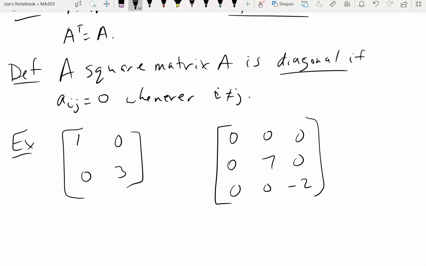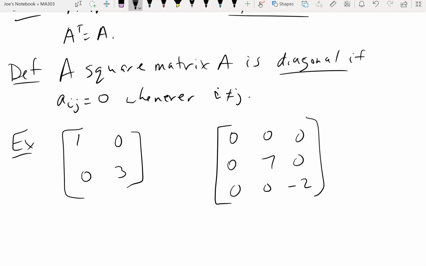Now, let's look at these two examples in particular and think about it in terms of invertibility. This is something we're going to come back to in the next chapter with determinants and invertibility. These matrices happen to be easy to do in terms of determinants. But let's think about it in terms of invertibility.